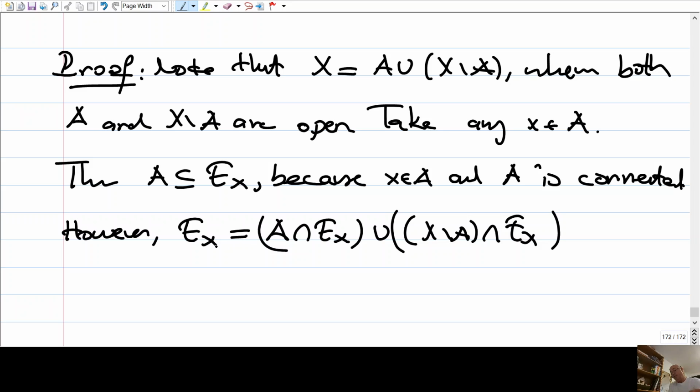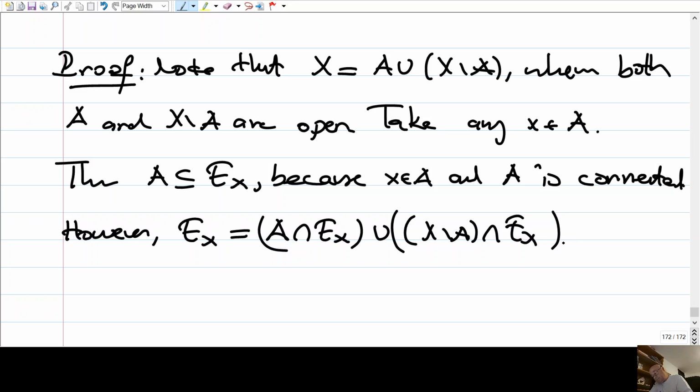So if both of them are non-empty, then this would give us a separation for E_x. However, E_x is connected, therefore this shouldn't happen. It means that one of them should be empty, but this is not empty because x is in A and x is in E_x, therefore this is not empty. Therefore this should be empty.